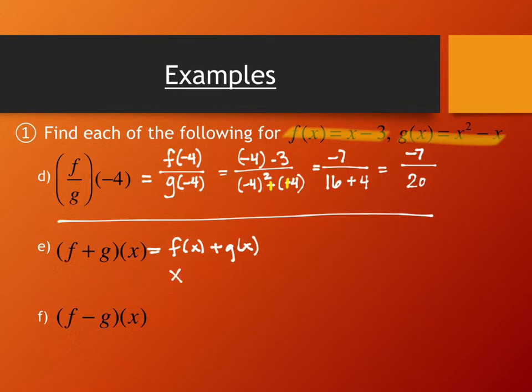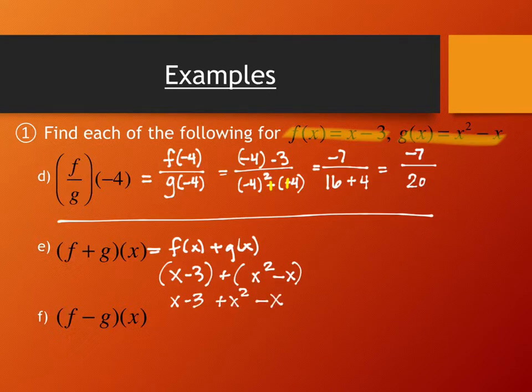Well, f of x was x minus 3. g of x is x squared minus x, right? And we consolidate or combine like terms. Now, the parentheses don't end up being necessary here, but I did want you to see where they were coming from, so I wrote them. So what I really have, of course, is simply x minus 3 plus x squared minus x.